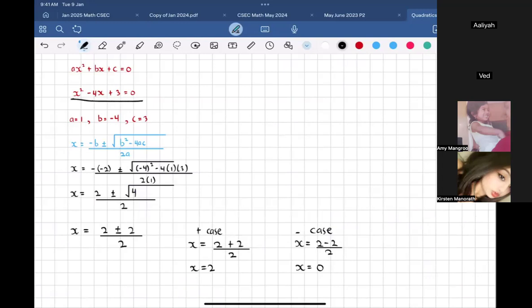So if I want to solve this using factorization, we're gonna come aside here. So I have x squared minus 4x plus 3 is equal to 0. Haley, I'm not sure if you are acquainted with this method. We're gonna look at the first term. What would you have to multiply to get x squared? What by what? What does x squared mean, Aliyah?